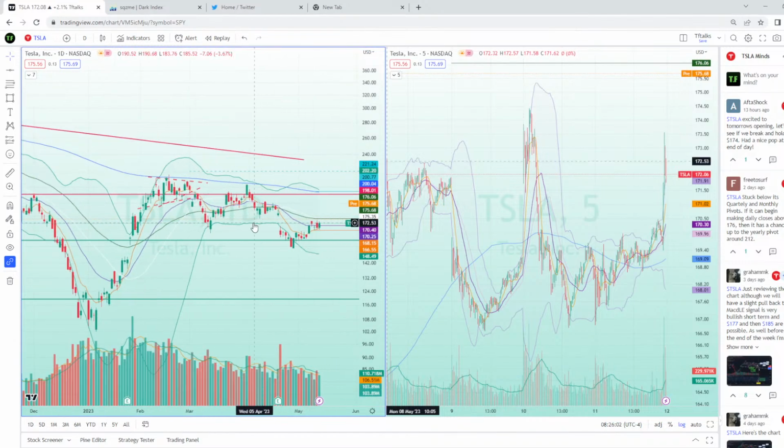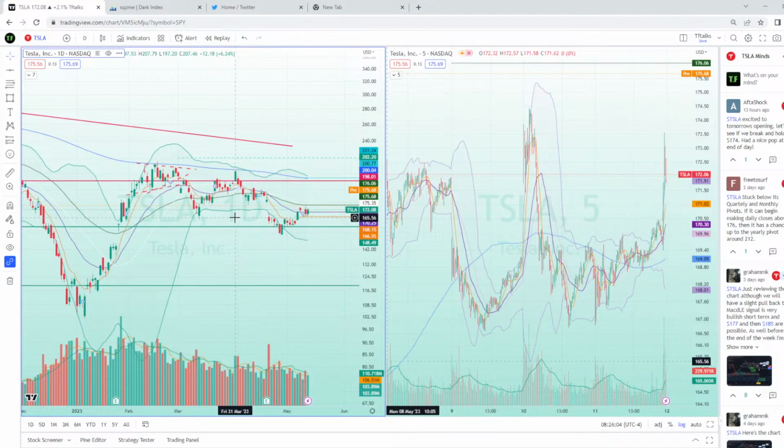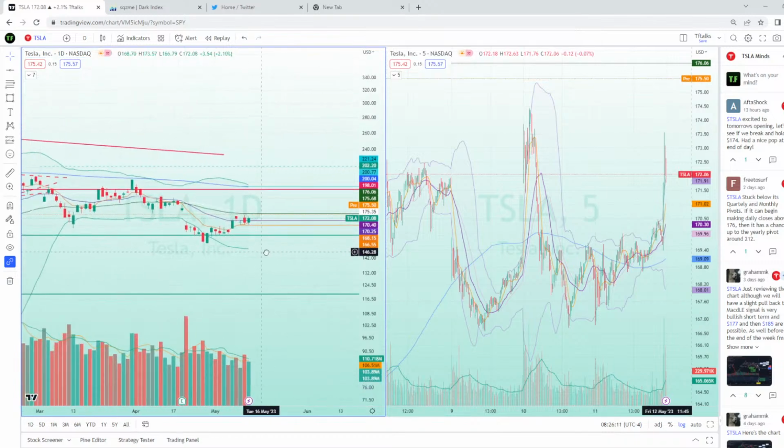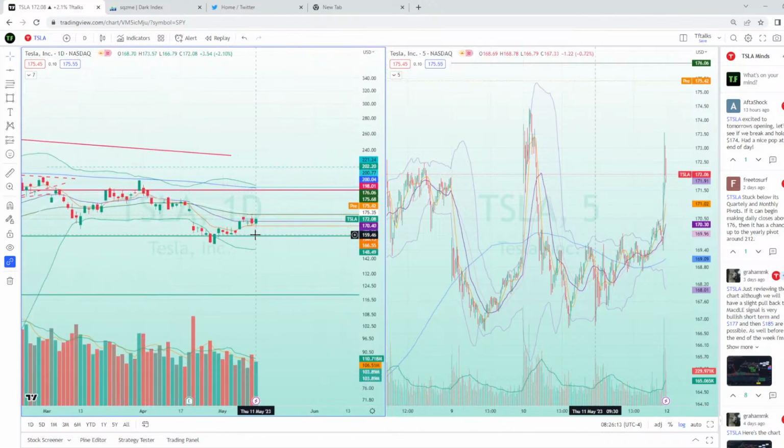But right now, I know a lot of people are thinking about what I'm gonna do for Tesla. So Tesla is basing at this level, and I did a pre-market analysis. Let me check with my notes here, because Tesla is 161 to 170.